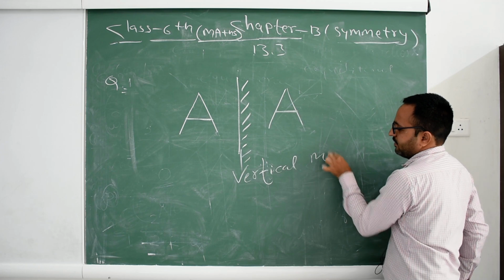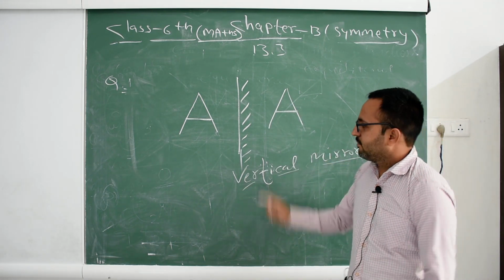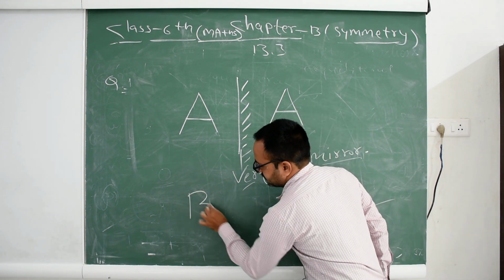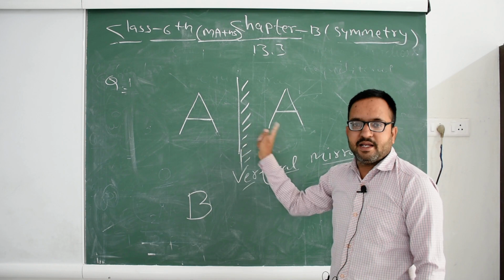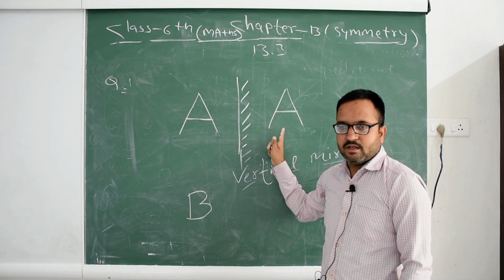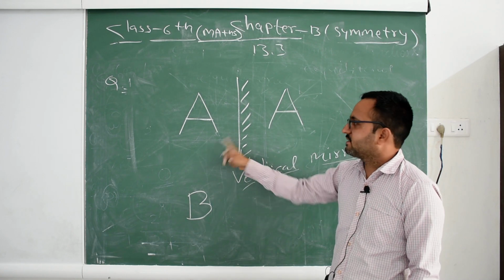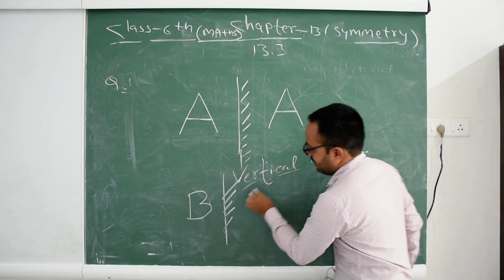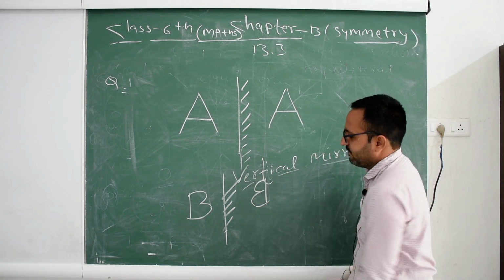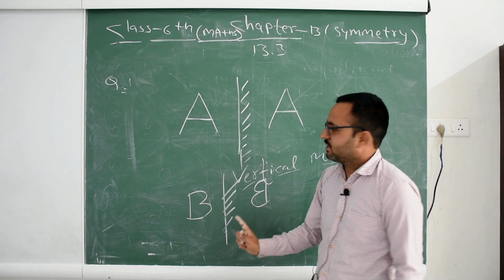This is a vertical mirror. Yes, letter A is a symmetrical letter in the case of a vertical mirror. But in the case of B, we draw the reflected image like this, so this is not a reflected image of B.